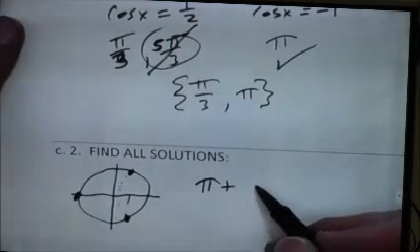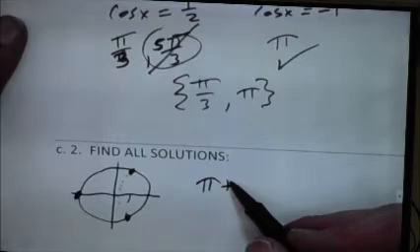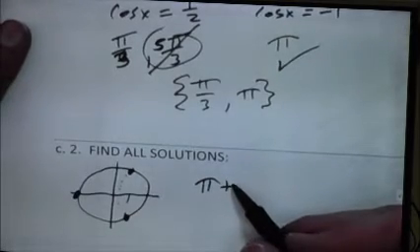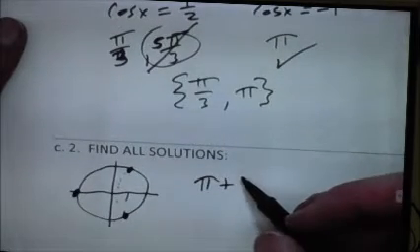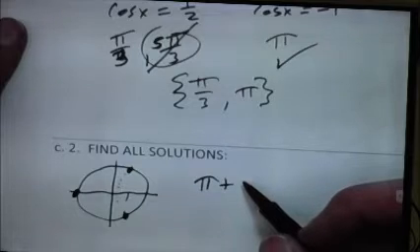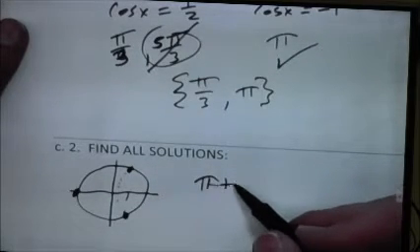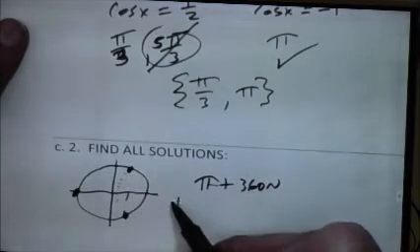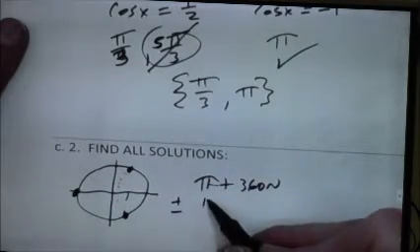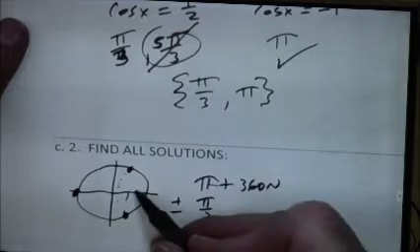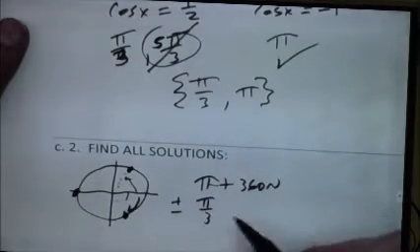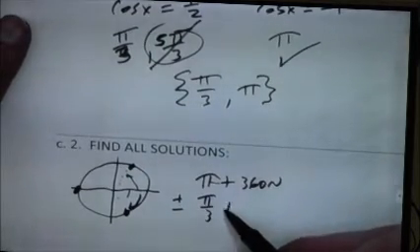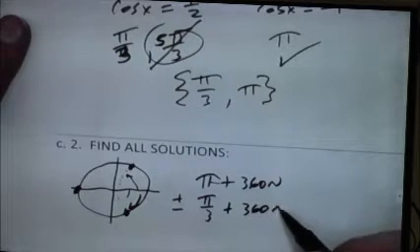Pi plus 360n. And for this, I can do plus or minus the pi over 3, because it's up pi over 3 and it's down pi over 3. And then I can do plus 360n.